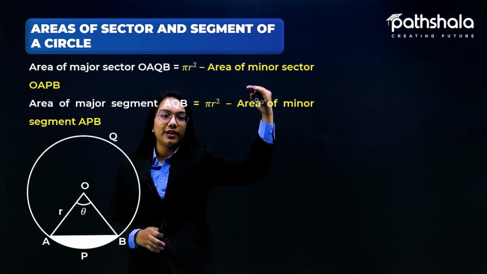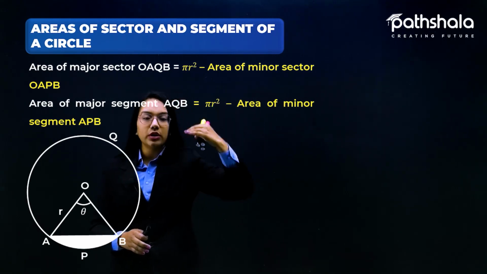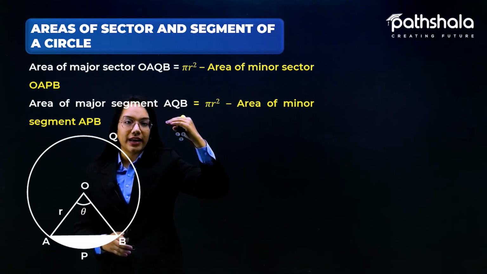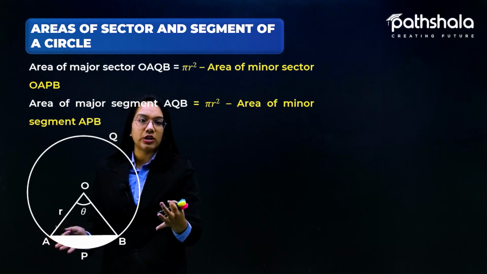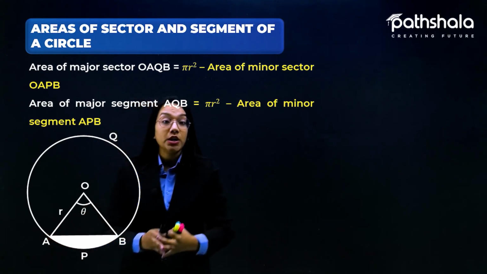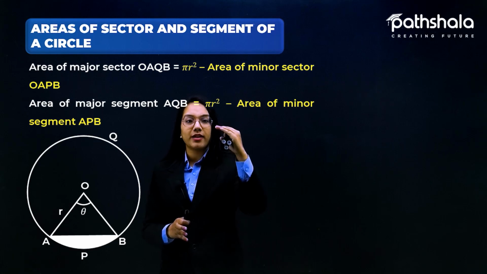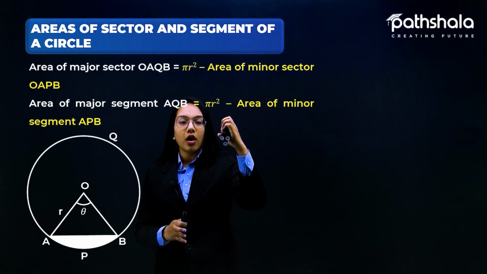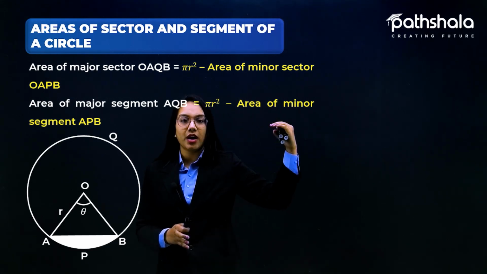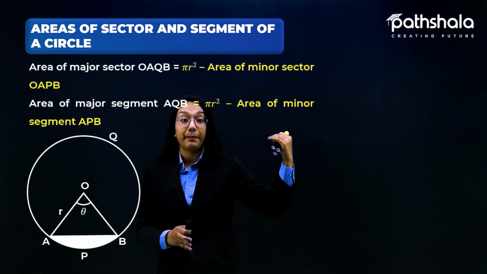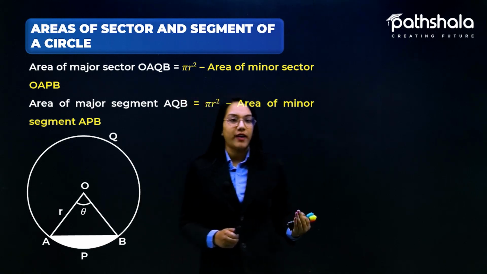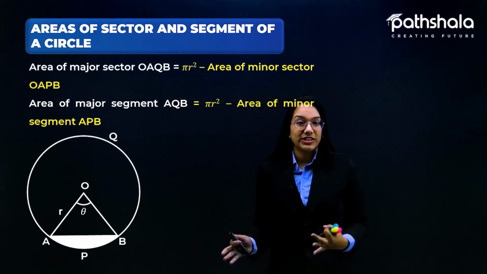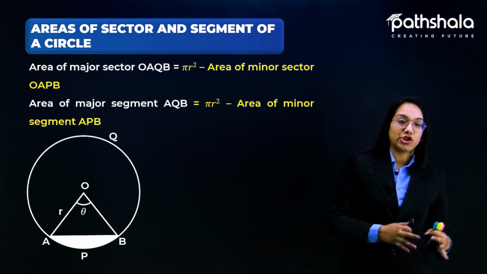We already know that the area of the minor sector is theta by 360 into pi r square, and in order to calculate the area of the major segment AQB, it would be pi r square, the whole area of the circle, minus the area of the minor segment APB. Using this concept, we can find the area of the major sector and the area of the major segment.